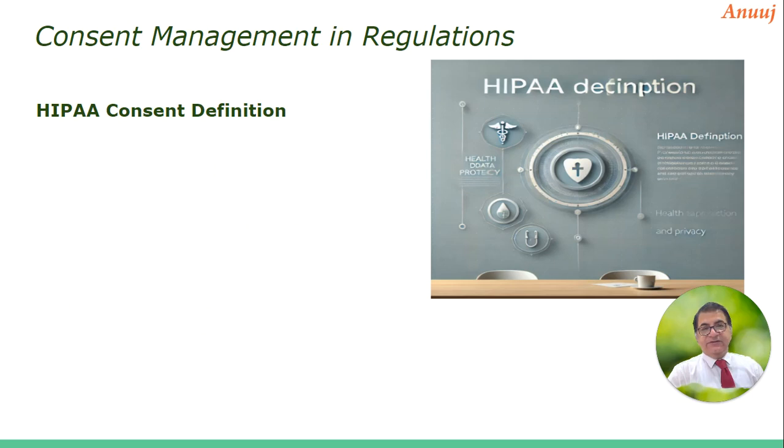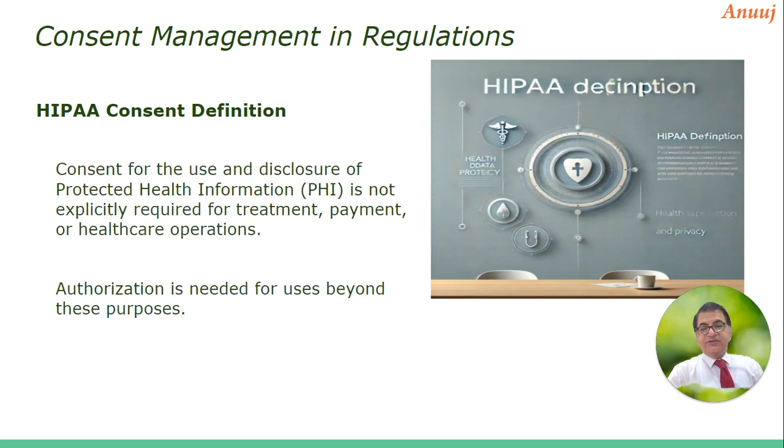Then we have HIPAA, which is the healthcare protection law. HIPAA says that consent for the use and disclosure of protected health information, PHI, is not required for treatment, payment or healthcare operations. That means that if you are in a hospital or in a healthcare center where your treatment is required, your payment is required, or any other operations have to be conducted, then there is no need to obtain consent for use of your personal information.